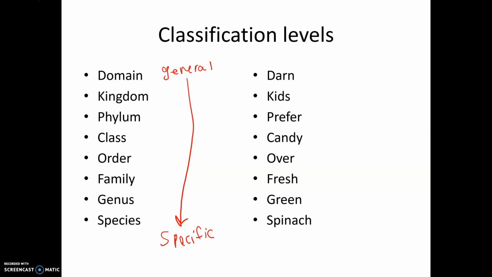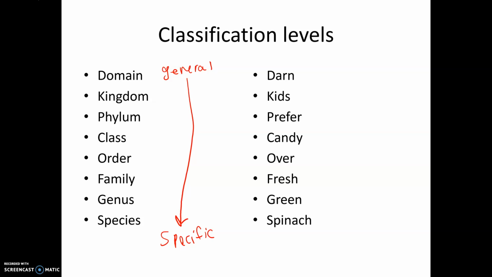Our domain starts very, very general. There's only 3 categories within our domain. Then we move into kingdom, which only has 6 different categories within those 3 domains. And then as we go down and down, we see that there's more and more categories until we get to genus and species specifically.